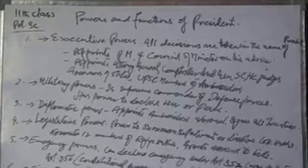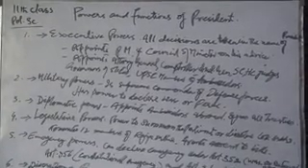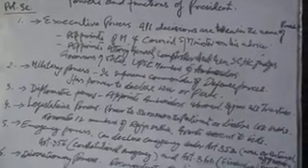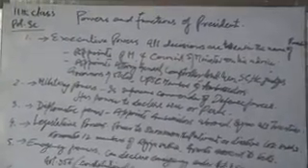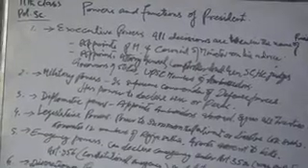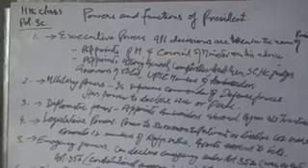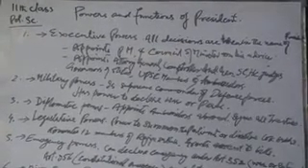The fourth one is legislative powers. The Indian President has the power to summon and prorogue the Parliament and even dissolve the Lok Sabha. The President nominates 12 members of the Rajya Sabha.